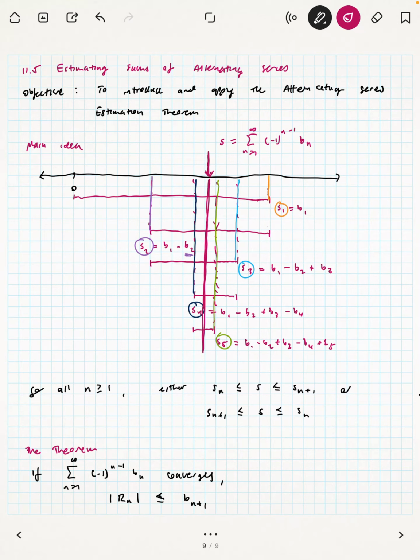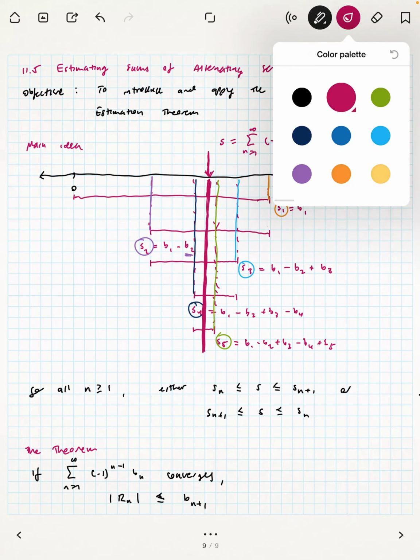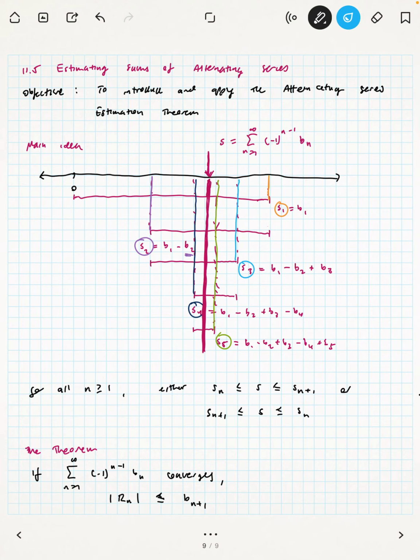So the actual distance between that and the limit, the diagram is a little confusing, admittedly. But this solid, very thick red line represents where the actual limit of the series is. And so really what we're visualizing here is that this purple line is a bound on how far away the orange line is from the thick red line.